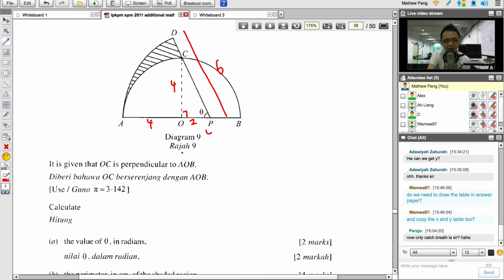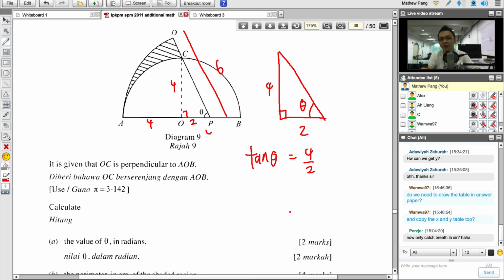It's simple, because you see a right triangle here, right? You want to find this angle. This is 4, this is 2, so we can use tangent. Tangent of the angle is 4 over 2. You have to take out your calculator and change to radian, because the question asks you to write your answer in radians. So I press mode 4 times and then press 2, then shift tangent 2.